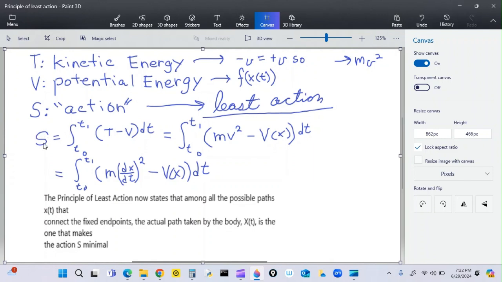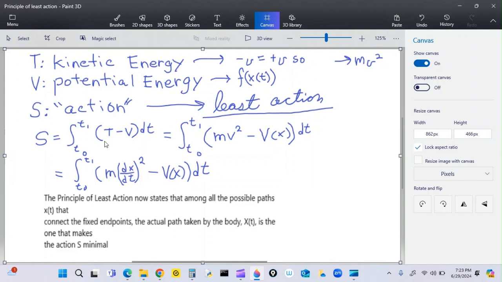The action is the integral, which is the sum of all these different things over the interval of time. This is a definite integral. In other words, the limits are t sub 0, that's the beginning time, and t sub 1, that's the ending time of whatever this path of action is that we're talking about.